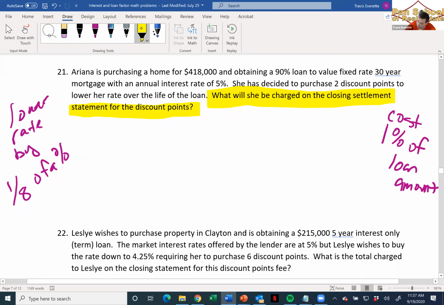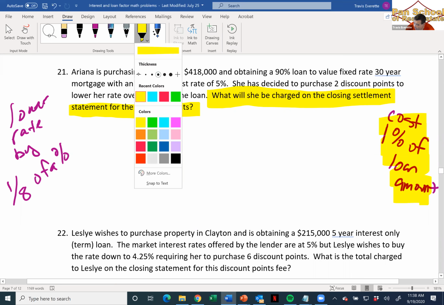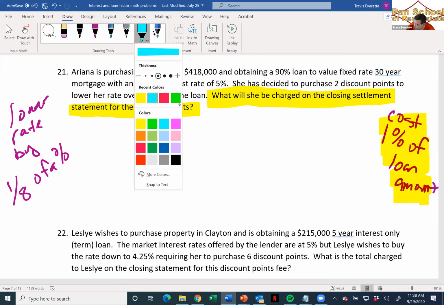Let me ask you a question. If they want to know what she's going to be charged, are we dealing with the 1/8%, or are we dealing with the 1%? Which one deals with the cost of the discount points? The 1%. Each discount point. And by the way, how many of them is she buying? 2.